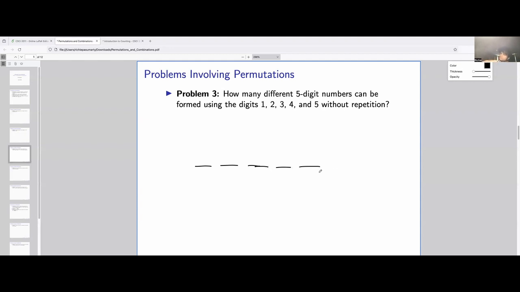So let me just do this method and fill out how many ways I can place each digit. Let's say I have 1, 2, 3, 4, 5. How many ways are there for me to place this digit? There are 5 ways, I could literally choose any of them. Let's say I choose the digit 3. Now I have 4 choices left. Let's say I choose 2.